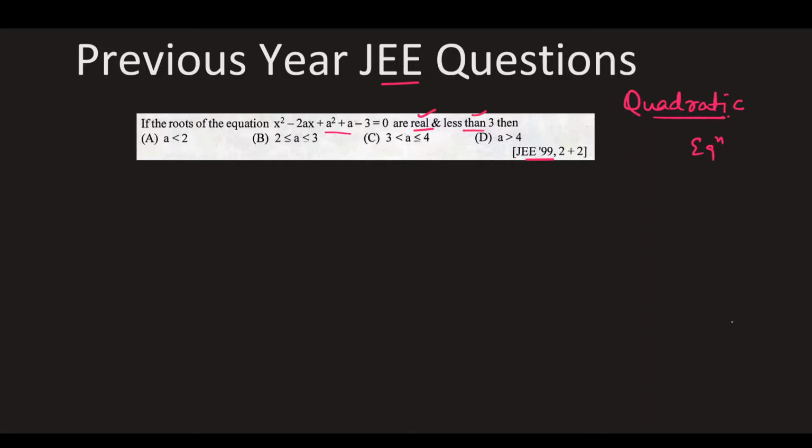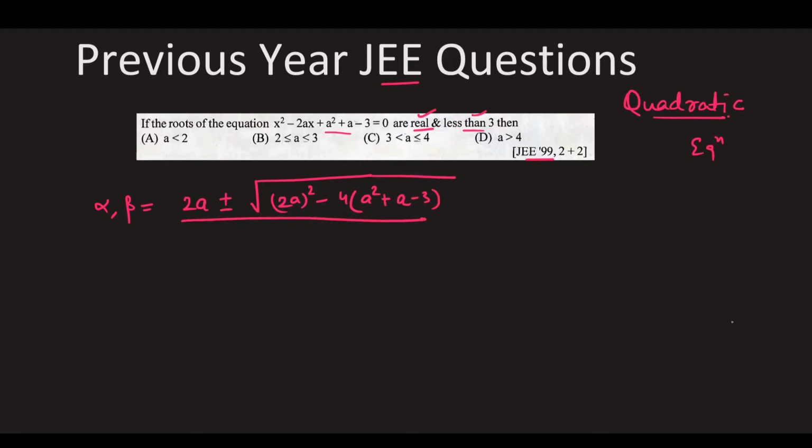So if we say that alpha comma beta are roots, it will be 2a plus minus root of 2a whole square minus 4 into a square plus a minus 3, upon 2. I have written this by using minus b plus minus root d upon 2a. Here a is 1 and b is 2a and c is a square plus a minus 3.